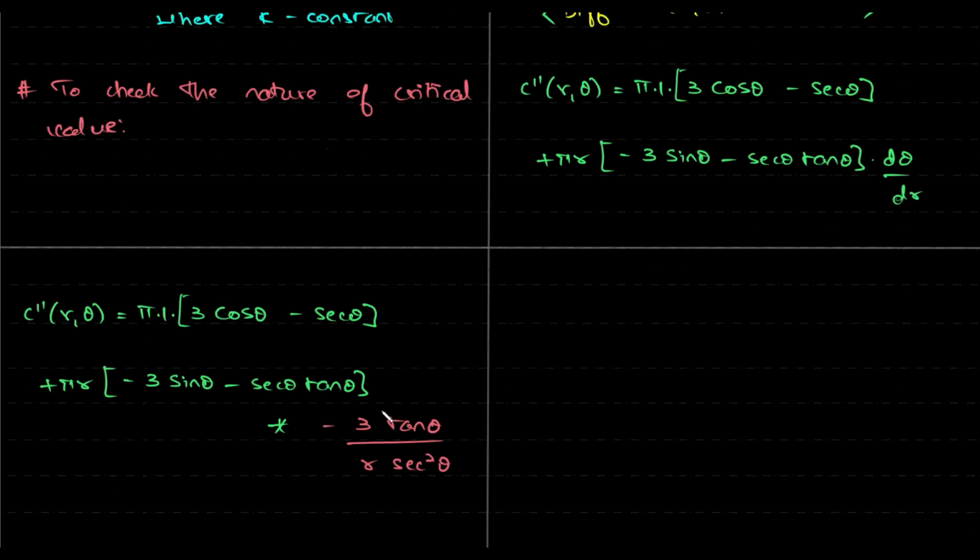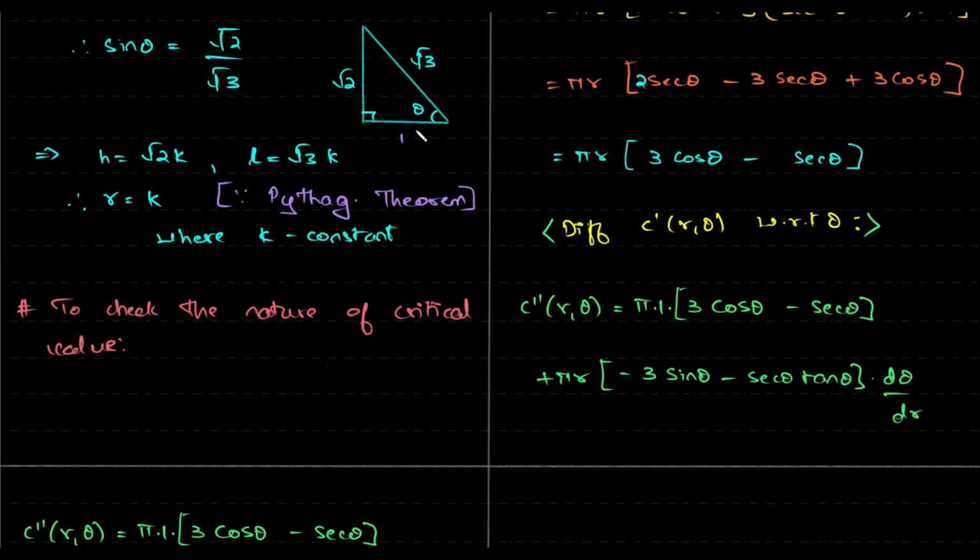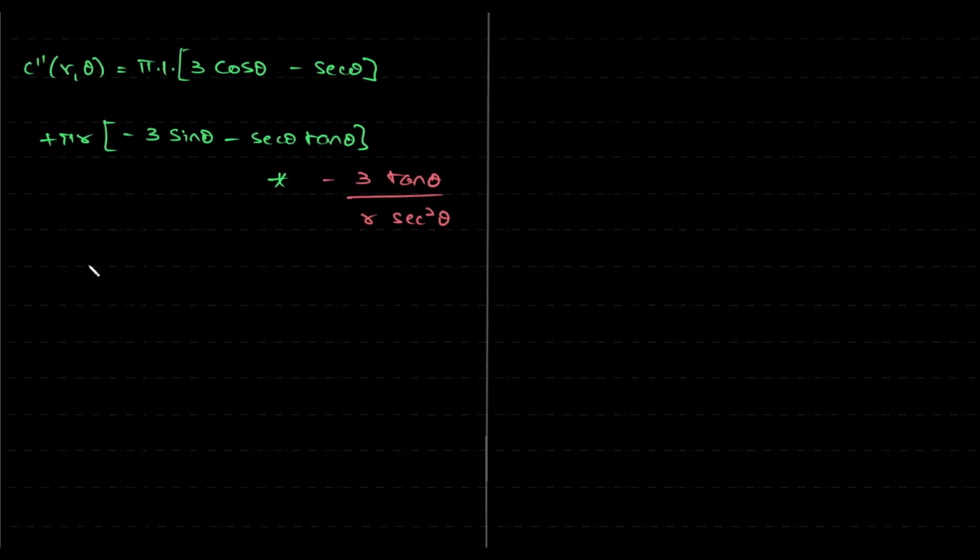Okay, so let's look at it. So we have cos theta. Cos is what? Adjacent by hypotenuse. So let us do this. Pi times of 3 into cos theta is 1 by root 3. This is also root 3, sorry.